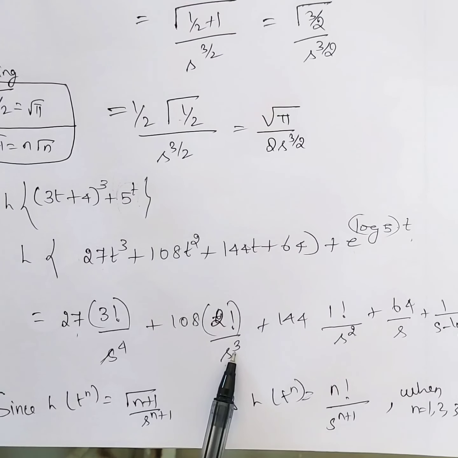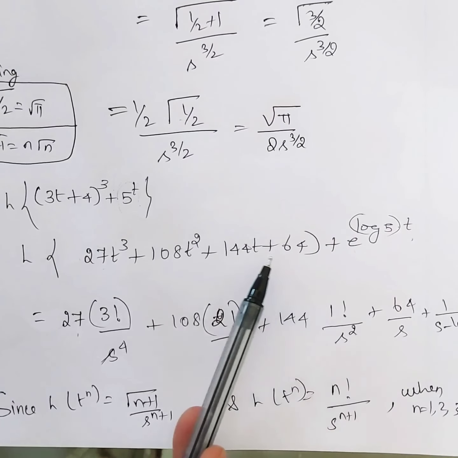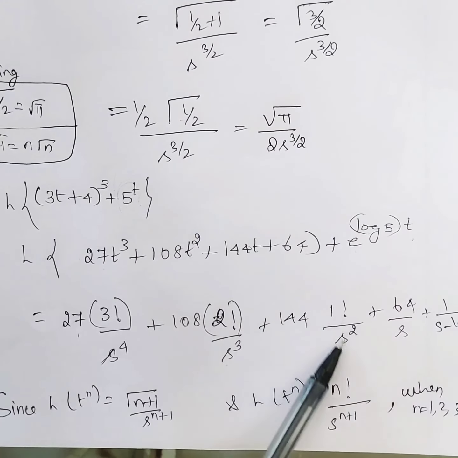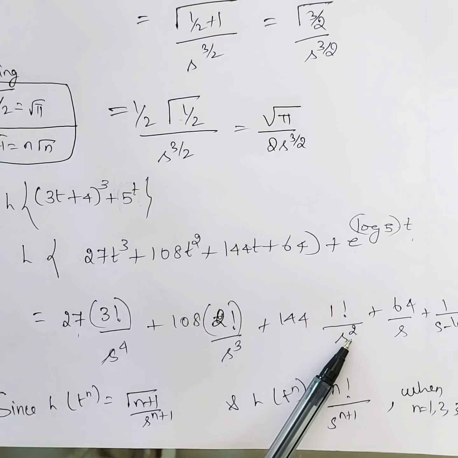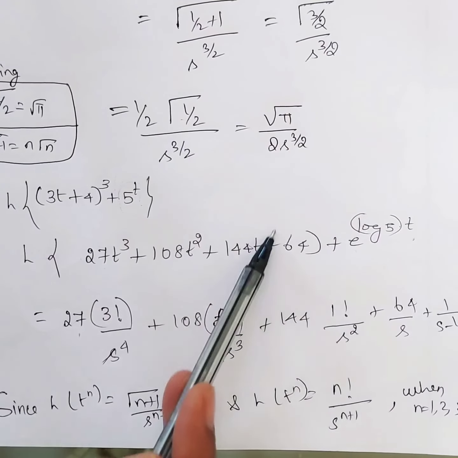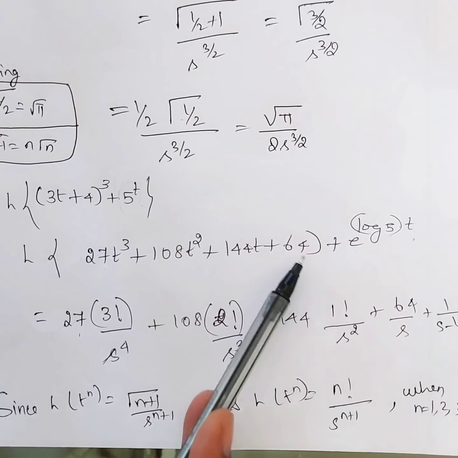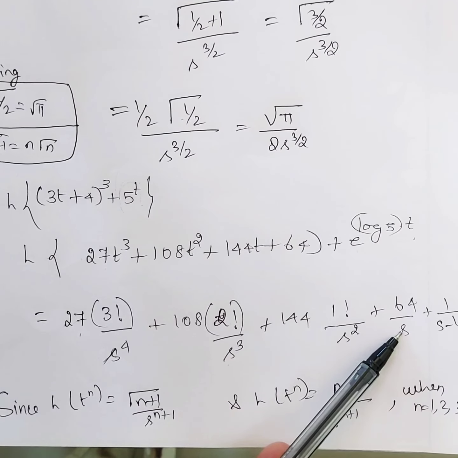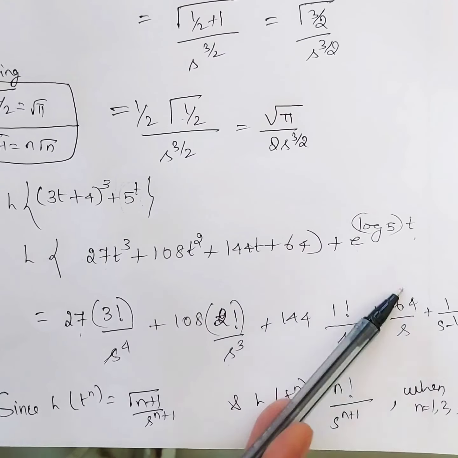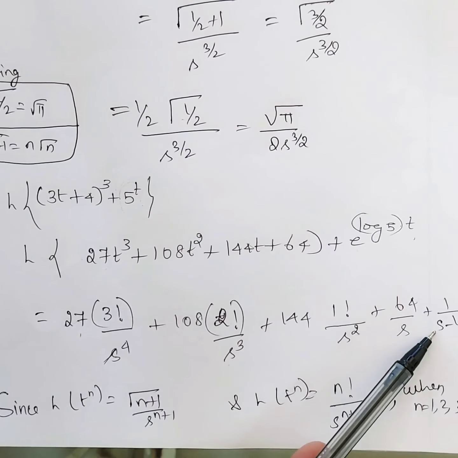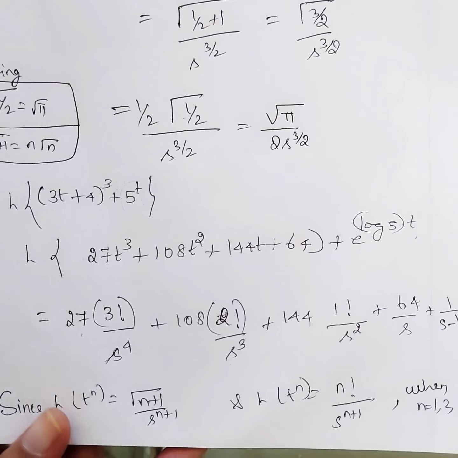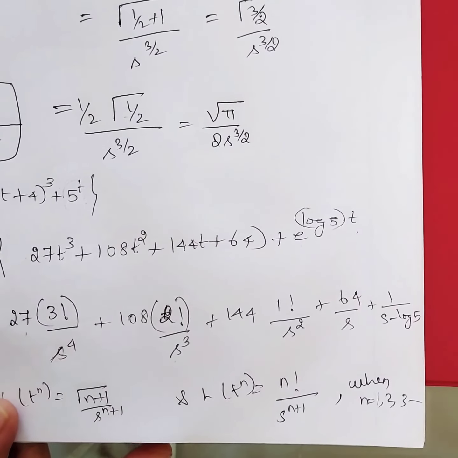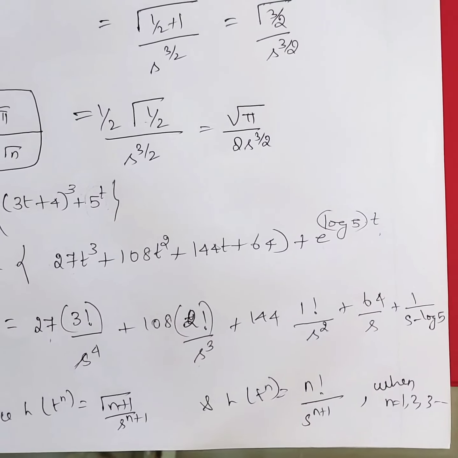One term extra than this we will write in the denominator. Plus 144 into t. T is 1 factorial by s power 1 plus 1, so s power 2. And this is just a constant, so 64 by s. Remember Laplace transform for a constant a is a by s. Here a is 64, so 64 by s. Plus finally what is Laplace of e power at? 1 by s minus a.